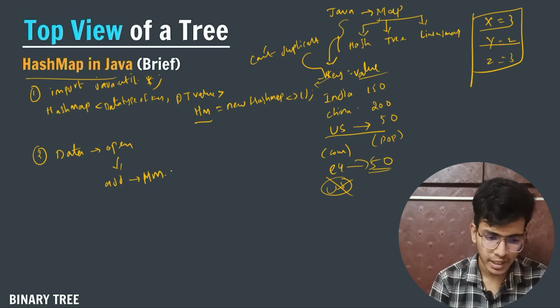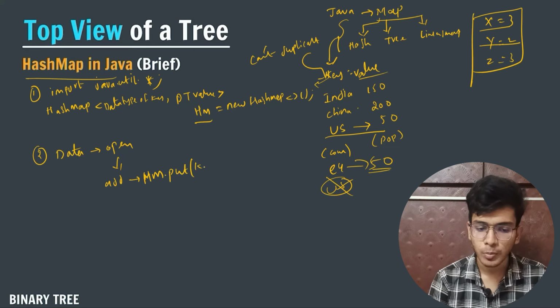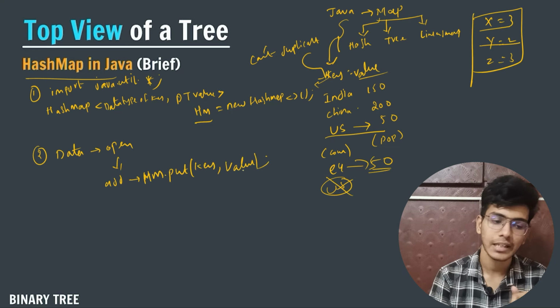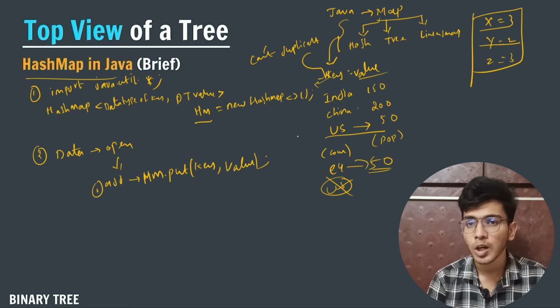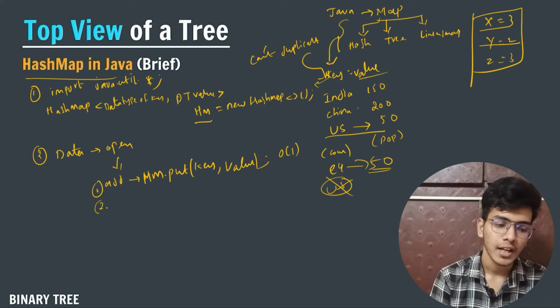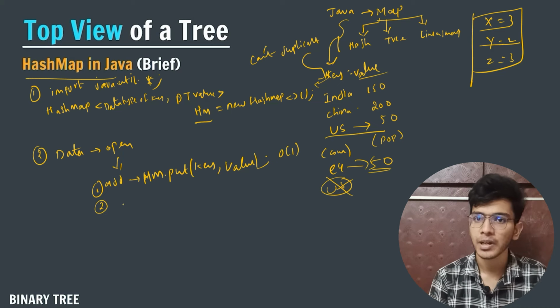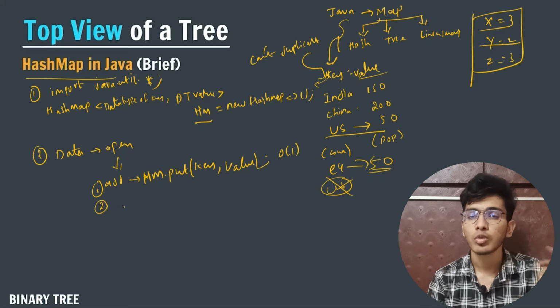So I'm writing HM, my HashMap name, dot put, and I will put my key, and after it its value. This is how I will perform the add operation, and the time complexity of performing add operation is big O of 1.